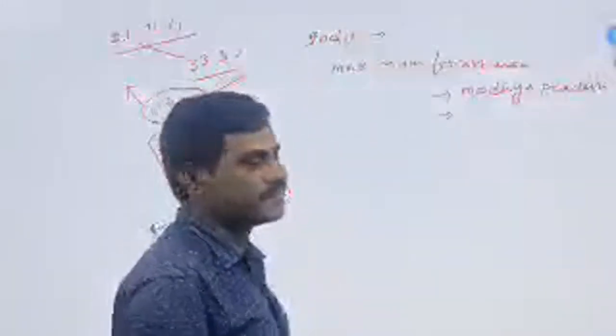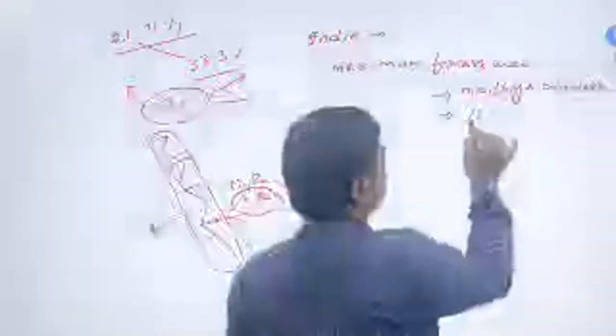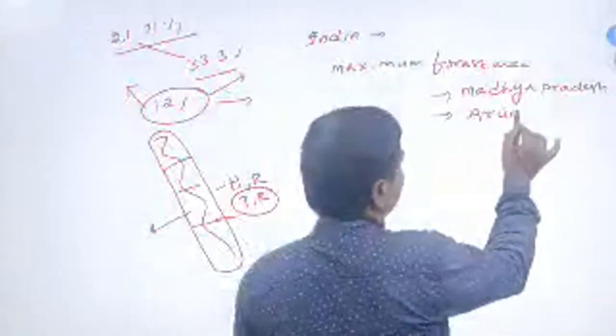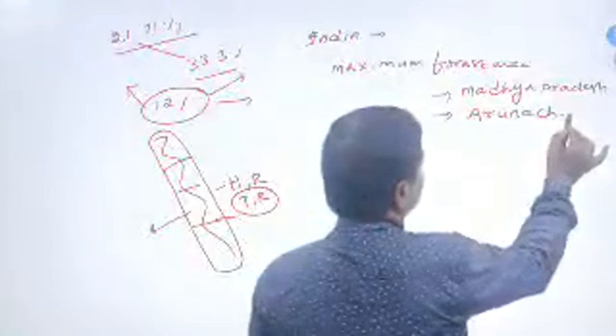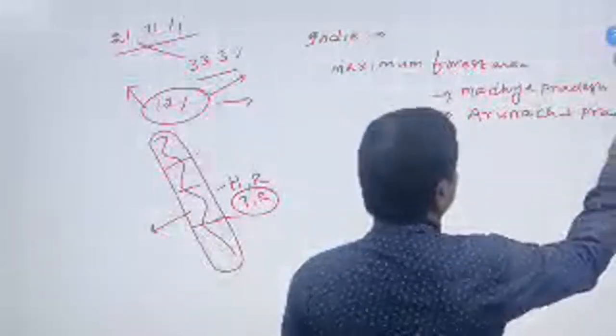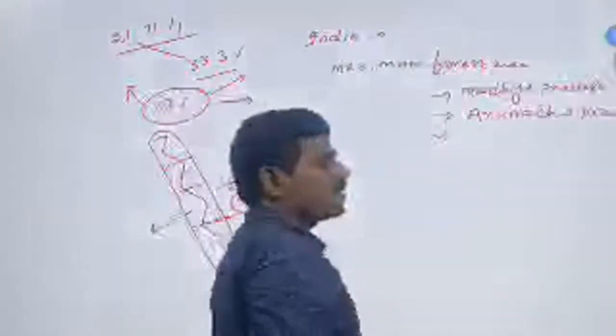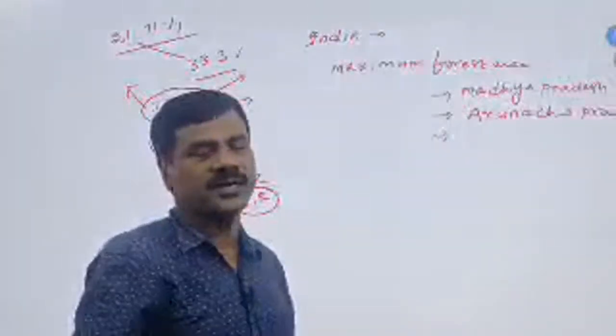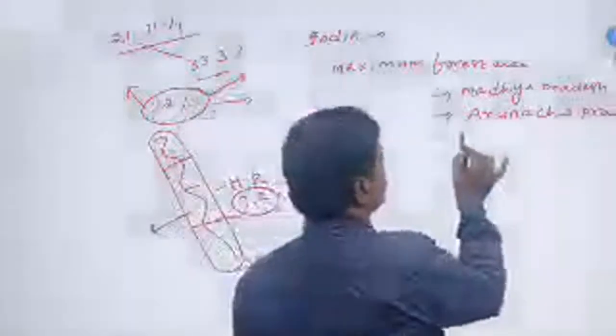Second in order, next after Madhya Pradesh, is Arunachal Pradesh. Third is Chhattisgarh.